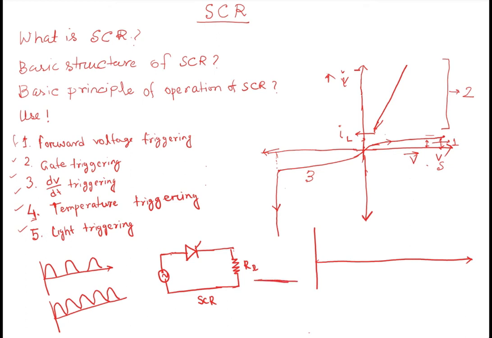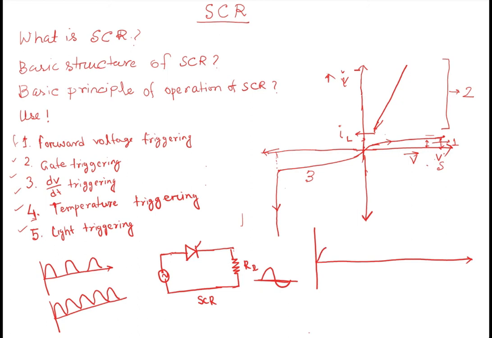Input is like this. Here we know that till some point this SCR will not turn on. We have to apply the voltage beyond a sufficient level, or that positive pulse should go beyond some sufficient limit.